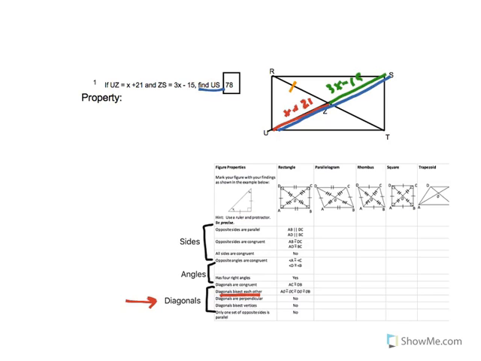This piece is equal to this piece, and this piece is equal to this piece. That is the rectangle property I will use, so I'm going to put it up here. The property is that diagonals bisect each other. I found it on the table here.